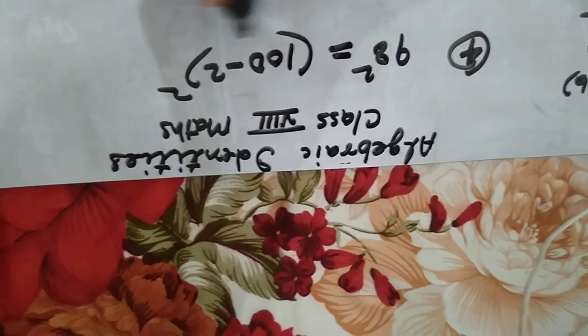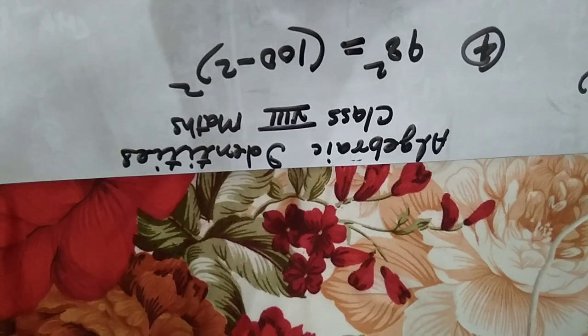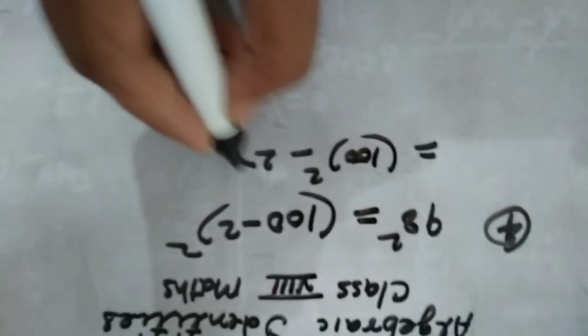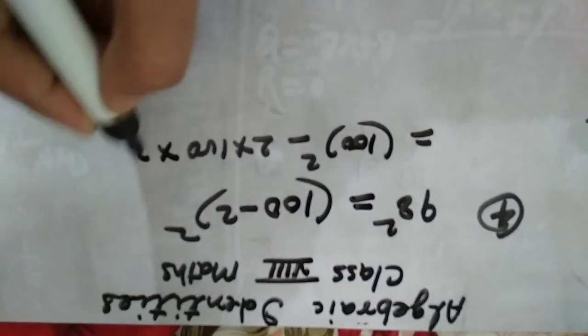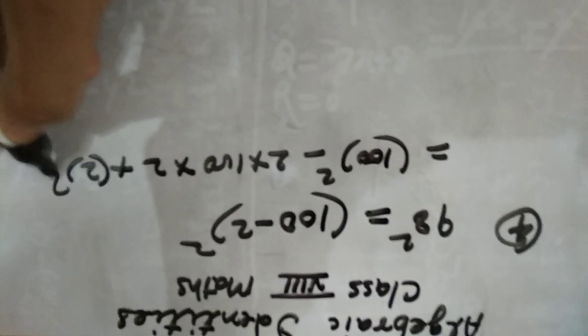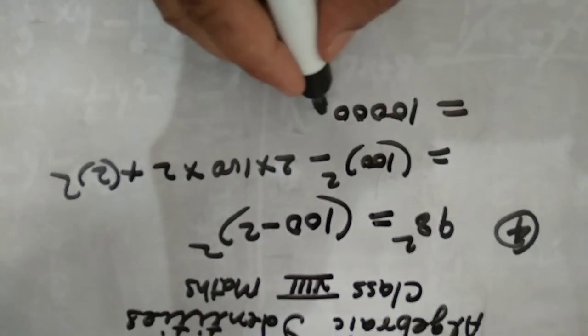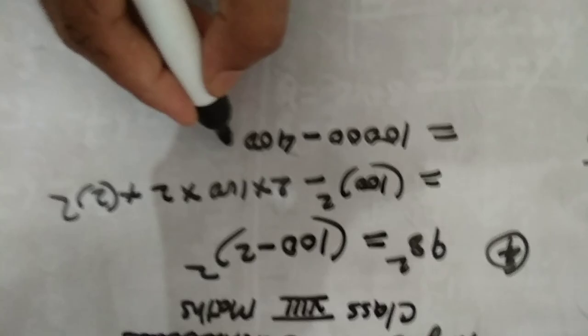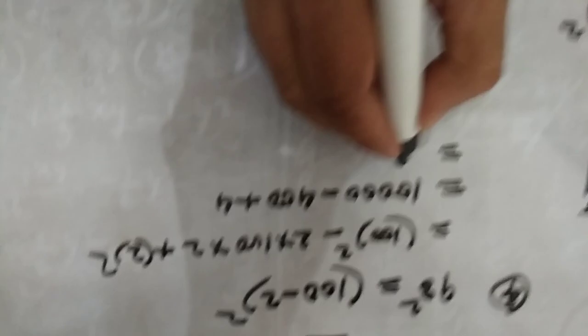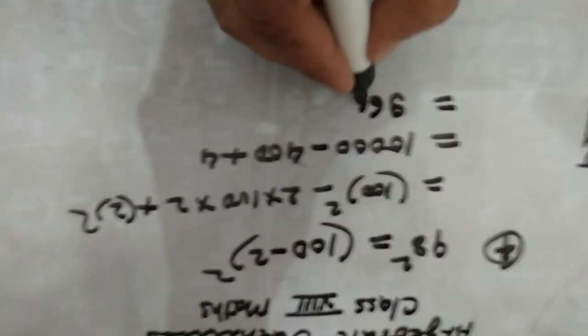You can also write 90 plus 8, but this will be better. The second formula will be used: a square minus 2ab plus b square. So we will have 100 square, that is 10,000, minus 400 plus 4. So this will be 9604.